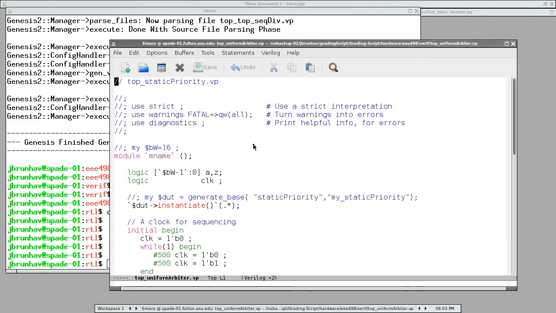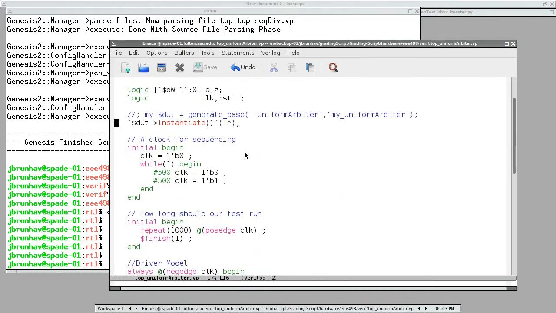So we're just going to do a little bit of cleanup here in the verification test bench for static priority. The first goal is to just get a very simple test bench working, so that we can really quickly check whether or not something bad is happening with our design.